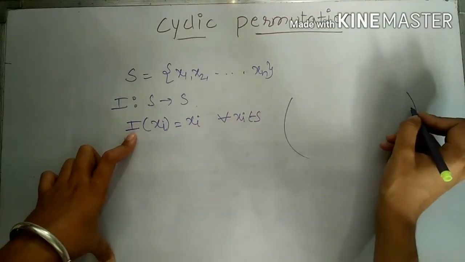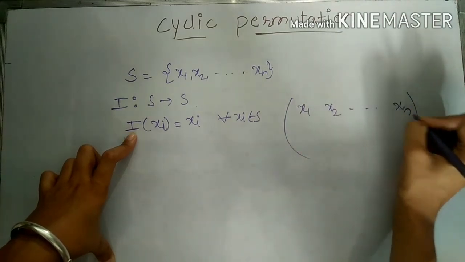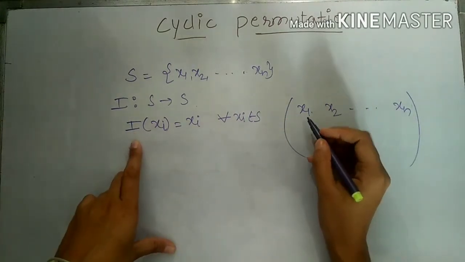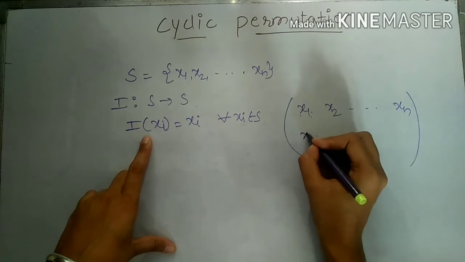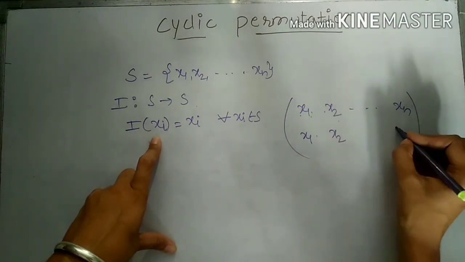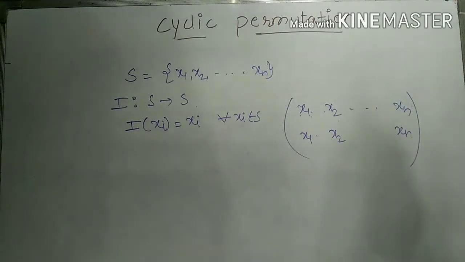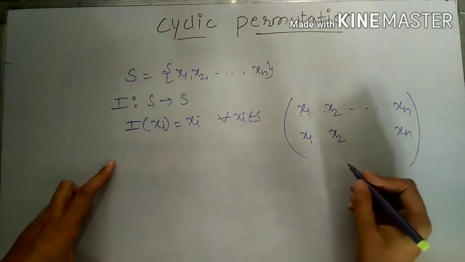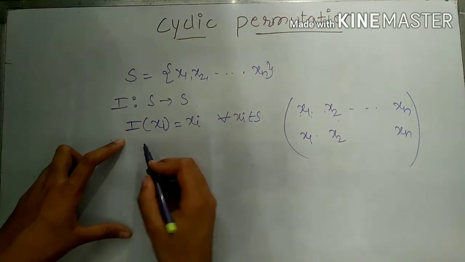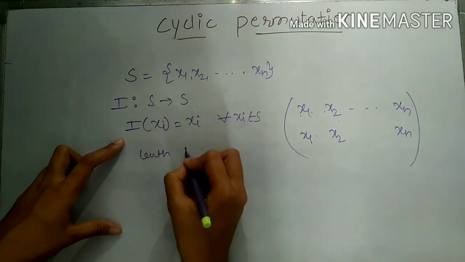In the first row we write the elements of S, that is x1, x2 up to xn, and in the second row we write their images under I: the image of x1 under I is x1 itself, the image of x2 is x2, and the image of xn is xn. So from the definition of cyclic permutation, we notice that the identity permutation is nothing but a cyclic permutation of length 1.